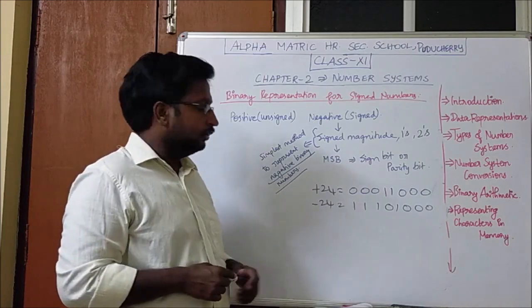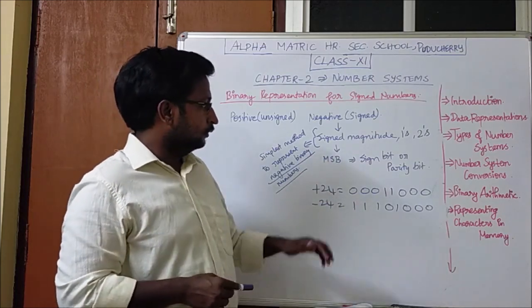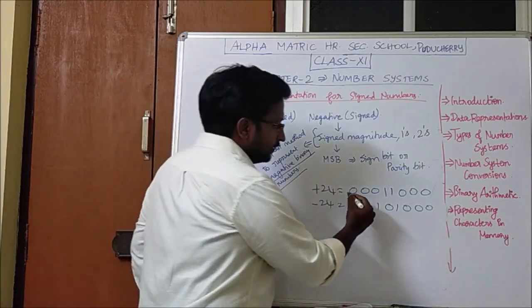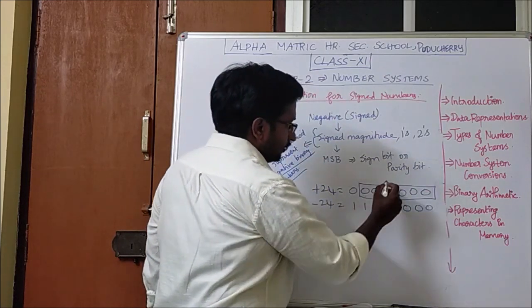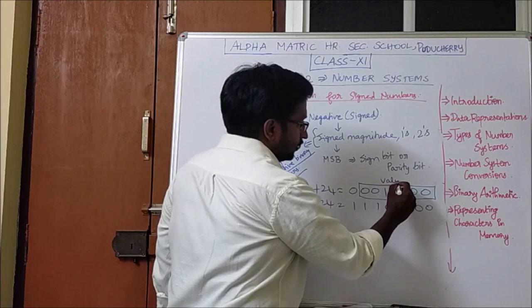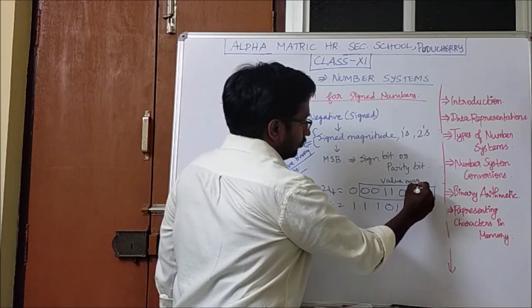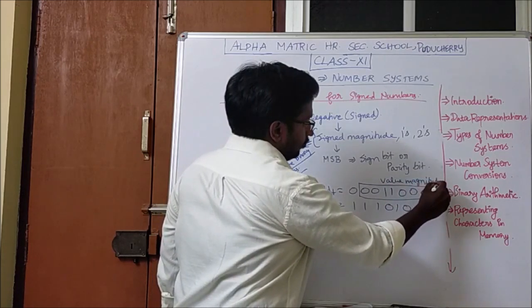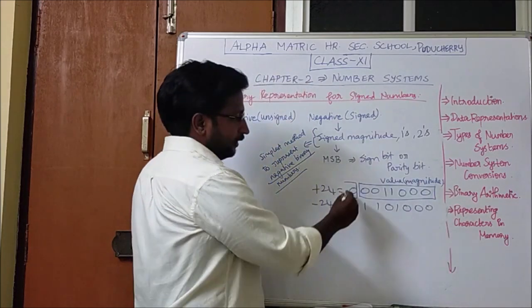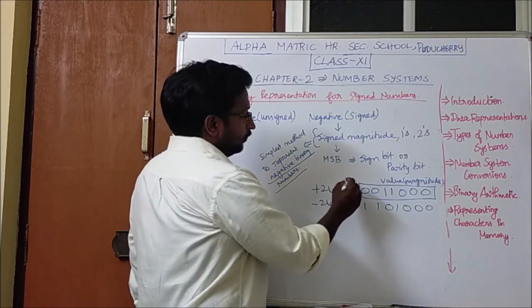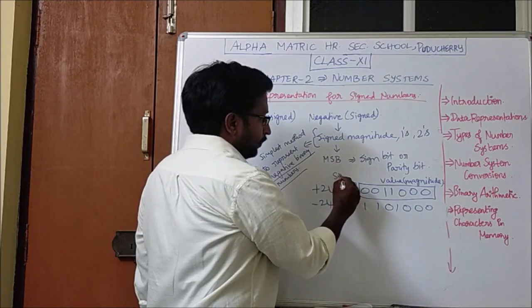Let us see the example, plus 24. Totally there are 8 digits, and the last 7 digits are called the value digits, that is the magnitude digits. And this is the most significant bit, that is the leftmost bit, which we call the sign bit.